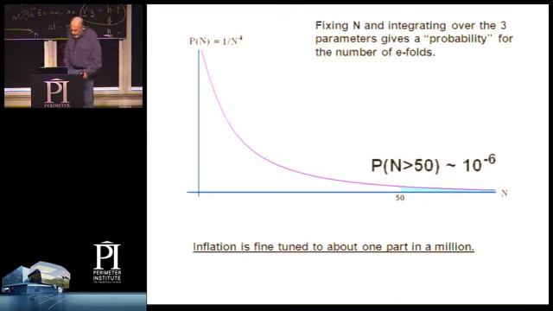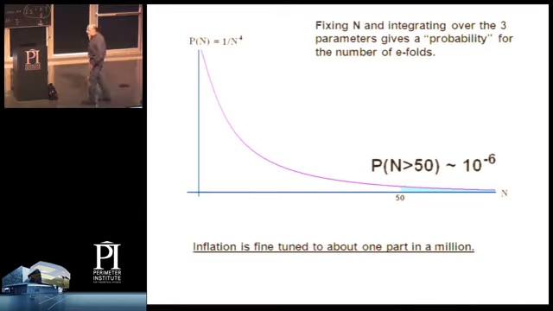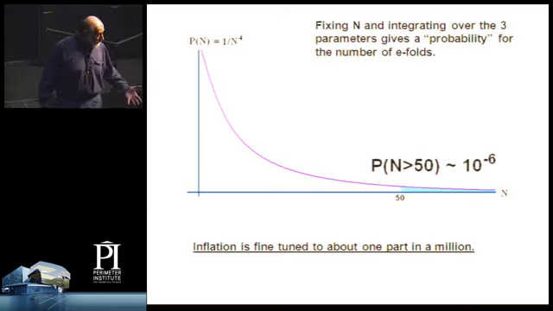All right. You do some statistics on this landscape, which simply means you assume equal probability on the distribution of the 3 parameters within the box defined by 0 to 1 or whatever. You fix the number of e-foldings and integrate out the other variables straightforwardly. What you'll find for this particular simple model is that it is hard to make a lot of e-foldings.